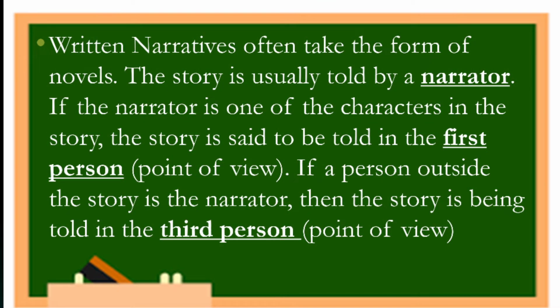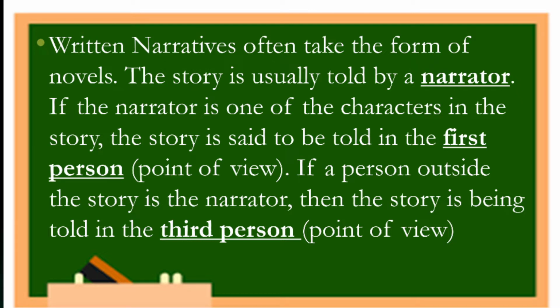Written narratives often take the form of novels. The story is usually told by a narrator. If the narrator is one of the characters in the story, it is said to be told in the first person point of view.